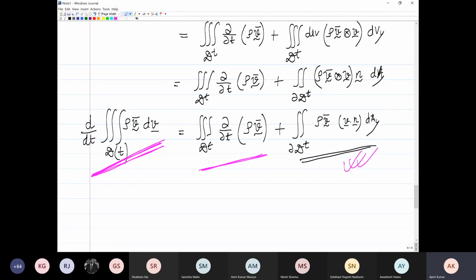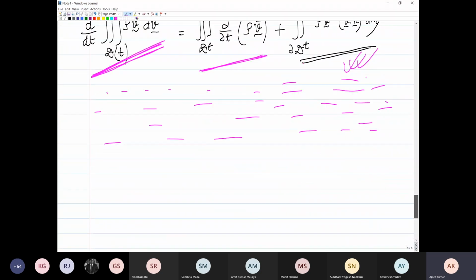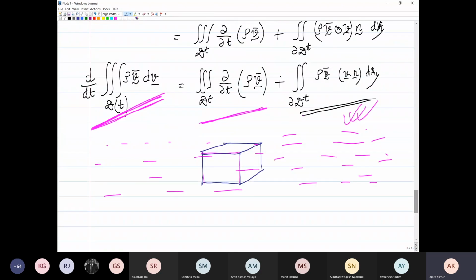Because for a control volume fixed in space, let me also draw a picture. So suppose this is a fluid flowing, and it can be fluid as well as solid, okay? And then you have this control volume, which is fixed. Fixed control volume.